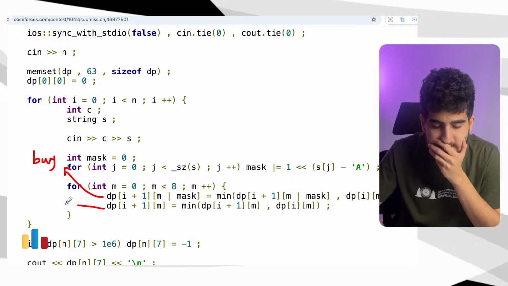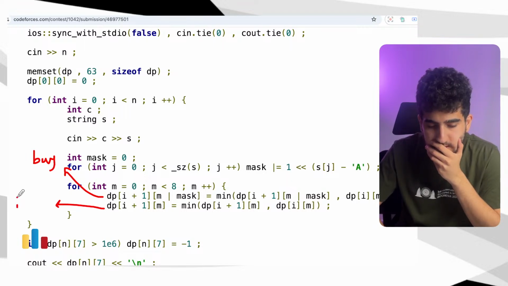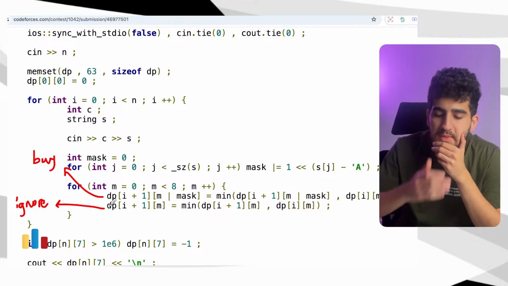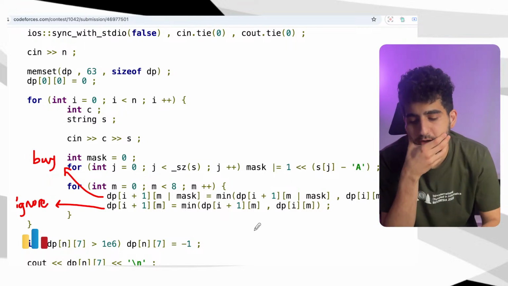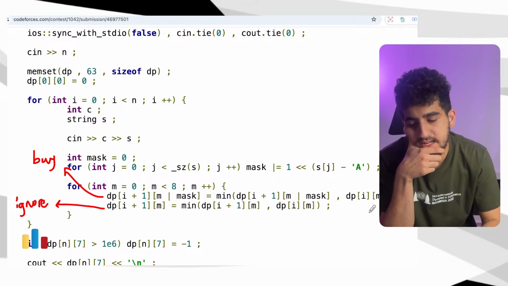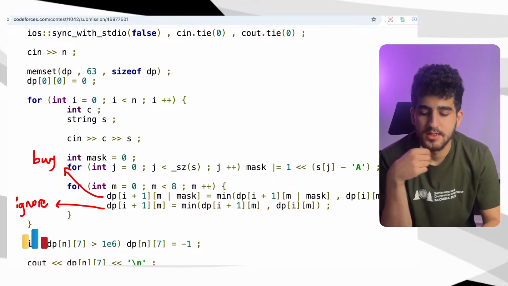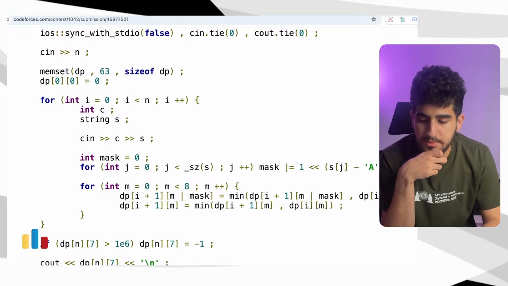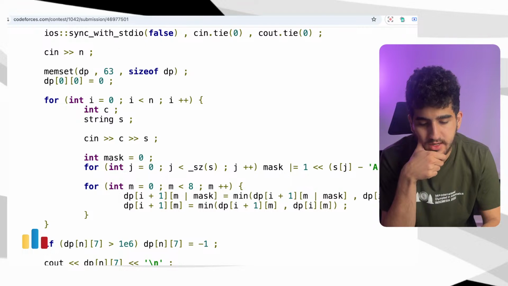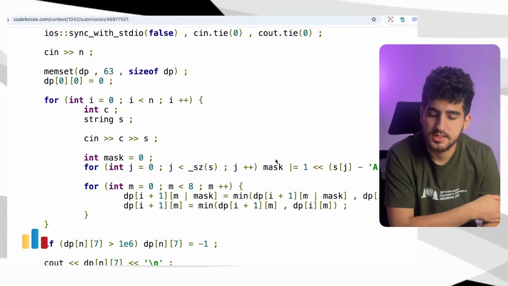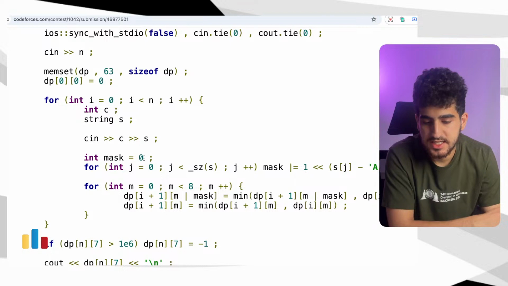The second case is the case where I ignore this juice, I do not buy it. dp of i plus 1 and m or mask will be the minimum of dp of i plus 1 and m or mask, the current value that it has, and dp of i and m plus c, which means that previously my mask was m in the first i people, and then I'm buying this new juice. My mask will be m or mask.